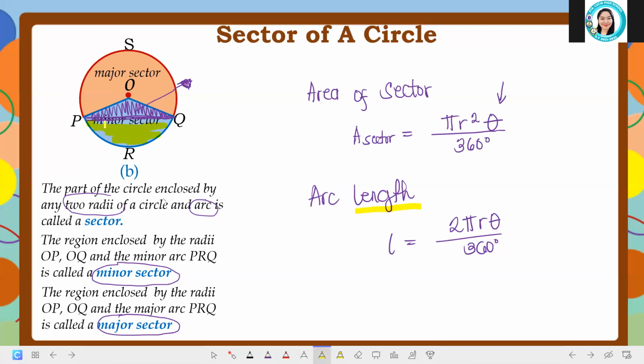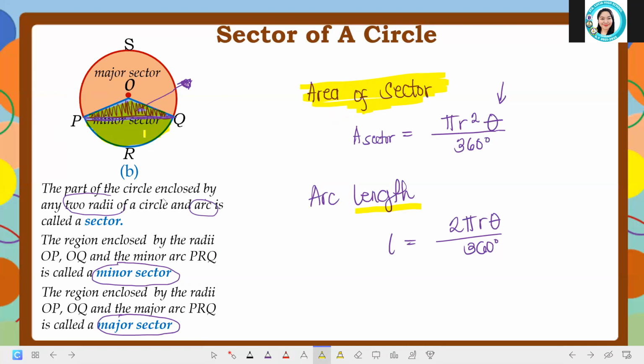Kaya nga, yung formula ni segment actually is derived from the formula of the area of a sector. So, dinerive lang siya para makuha yung measure ng minor segment. Tinanggal at binawas sa kanya yung measure ng part na to, which is a triangle.